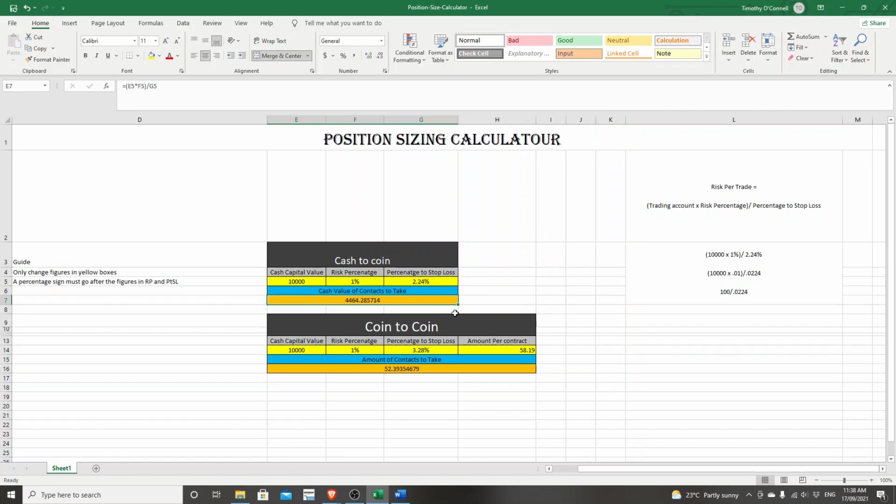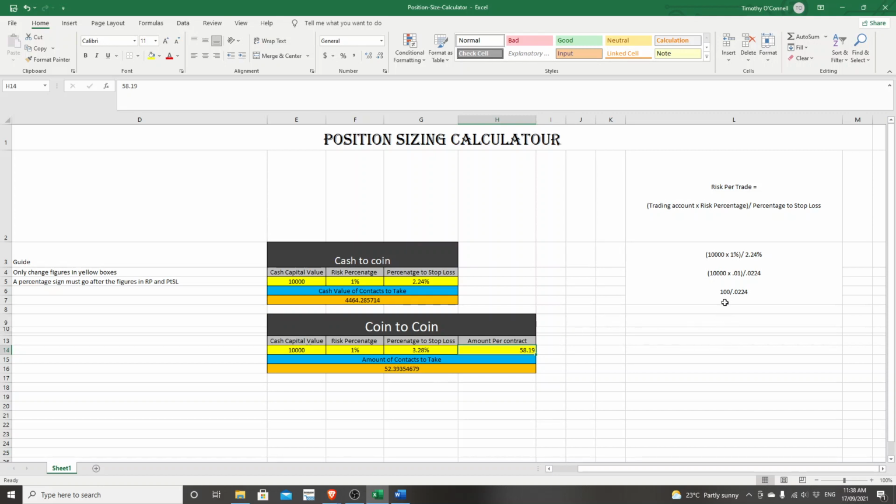Now if you're going to trade coin to coin, so Bitcoin to Ethereum, whatever, there's just an extra step you have to put in, and your amount per contract. So you divide how much that Ethereum is worth in Bitcoin at the end, and it will give you the number of coins you can buy.